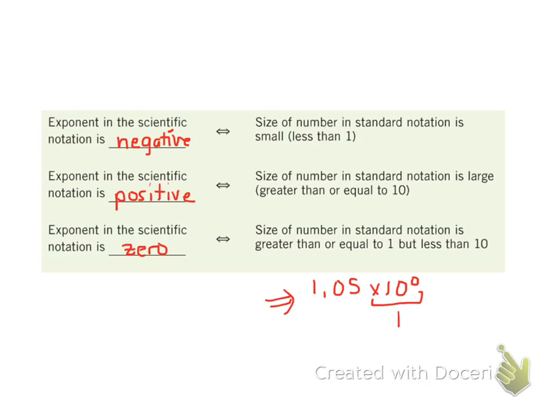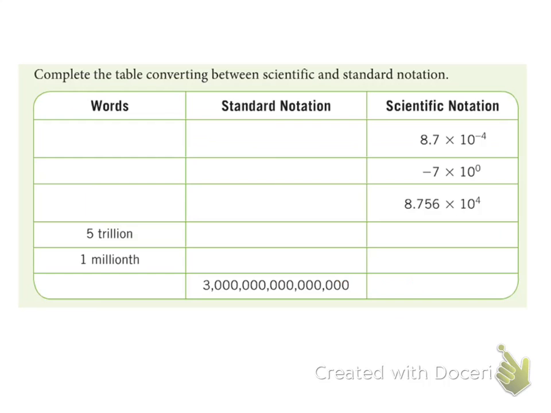Okay, the practice. Complete the table converting between scientific and standard notation. Okay, so the first one, 8.7 times 10 to the negative 4. Let's write that in standard notation first. Which way and how far do we need to move the decimal point?